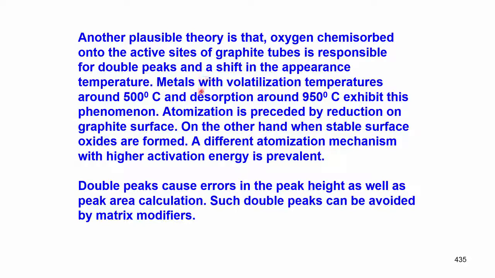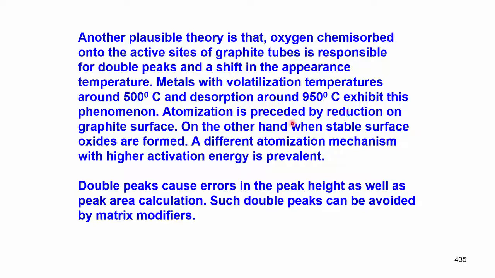You have to remember this: metals with volatilization temperature around 500, that means mercury, antimony and all those things, thallium, cadmium, some of the elements, they have volatilization temperature around 500 degrees, including lead, and desorption can happen around 950 degree centigrade. So, such things show double peaks.